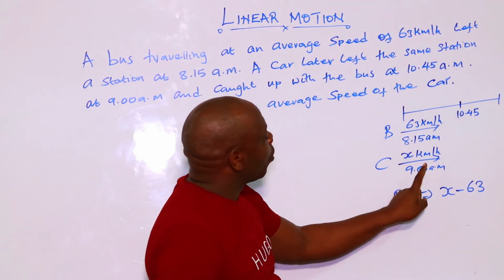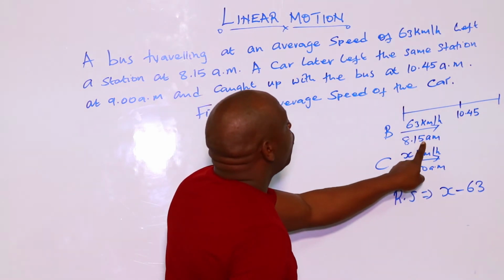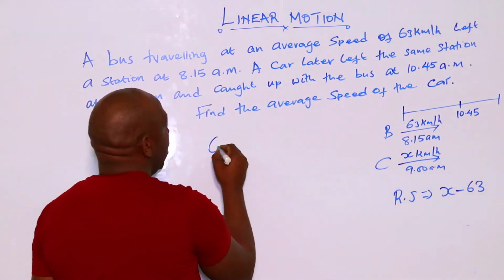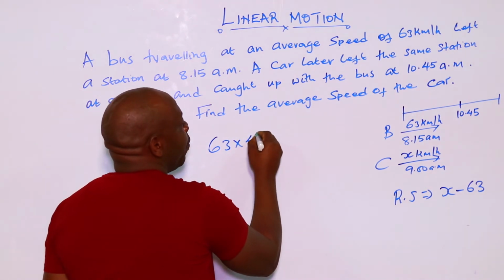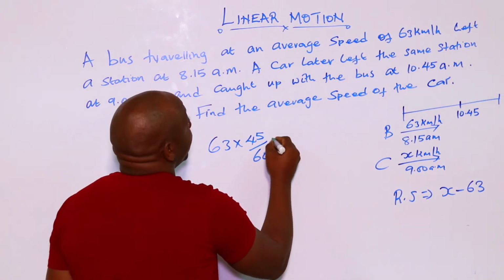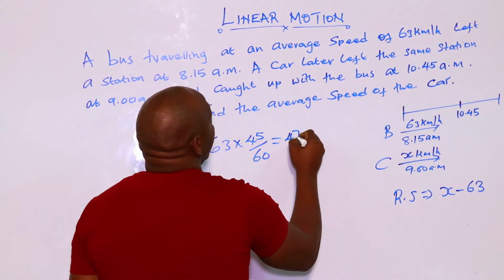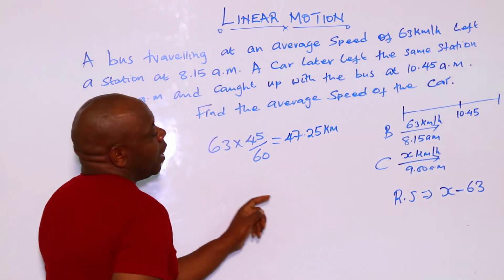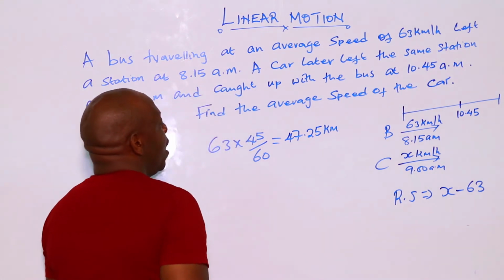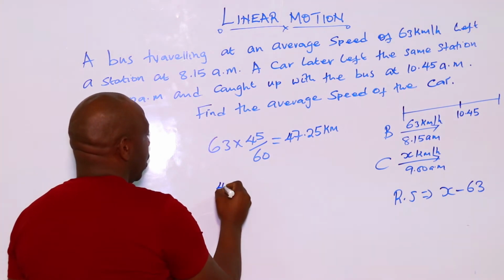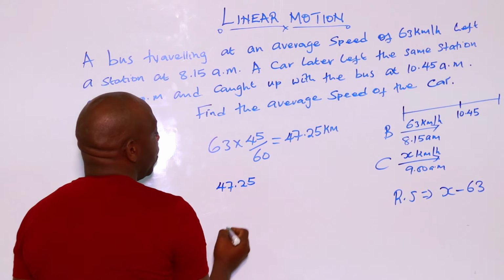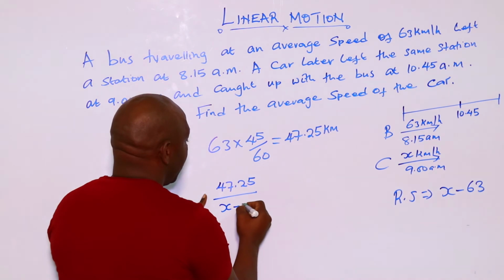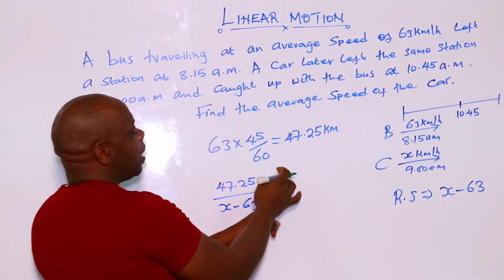So by the time the car was starting, the bus had moved for 45 minutes. So meaning it had covered a distance of 63 times 45 over 60, which would give us 47.25 kilometers. So we are saying this car needs to cover a distance of 47.25 kilometers at a relative speed of x minus 63 to give us time.